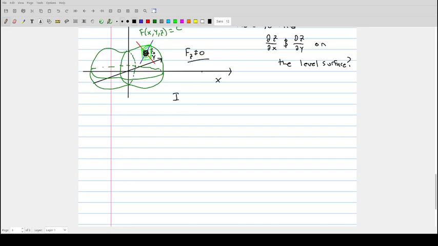As long as this is true, the implicit function theorem guarantees for us that we can find some expression for z as a function of x and y. This is lowercase f. It's different than the capital F function that's giving us our level surface.